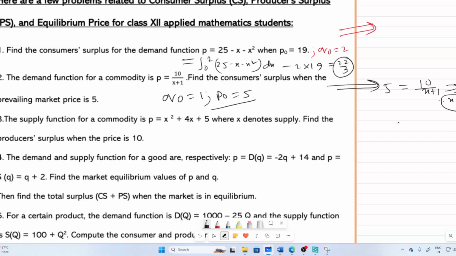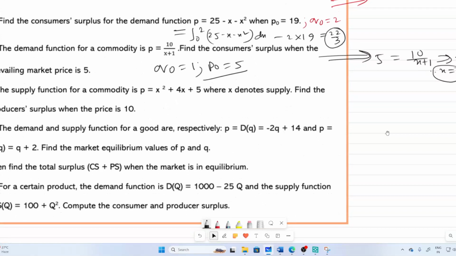Alright. Now again in the same manner you find the consumer surplus. This is just another example, nothing else. CS is going to be what? The integration from 0 to 1, where 1 is the equilibrium quantity, of 10 by X plus 1 dx, minus P0 Q0, that is 5 into 1.